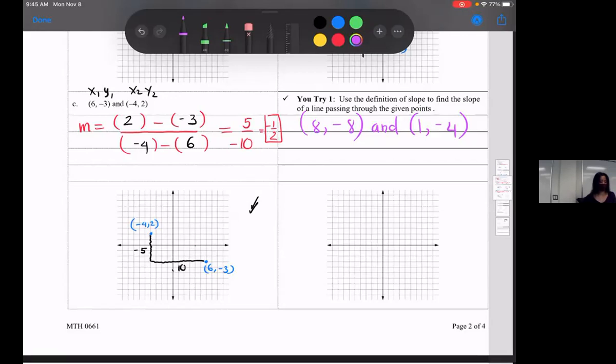Once you're done, check with the rise over run before you enter your final answer in Moodle. Match.